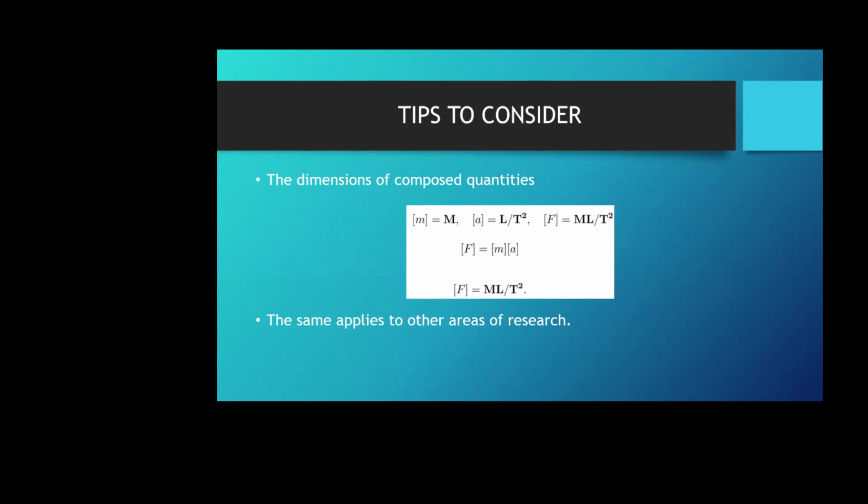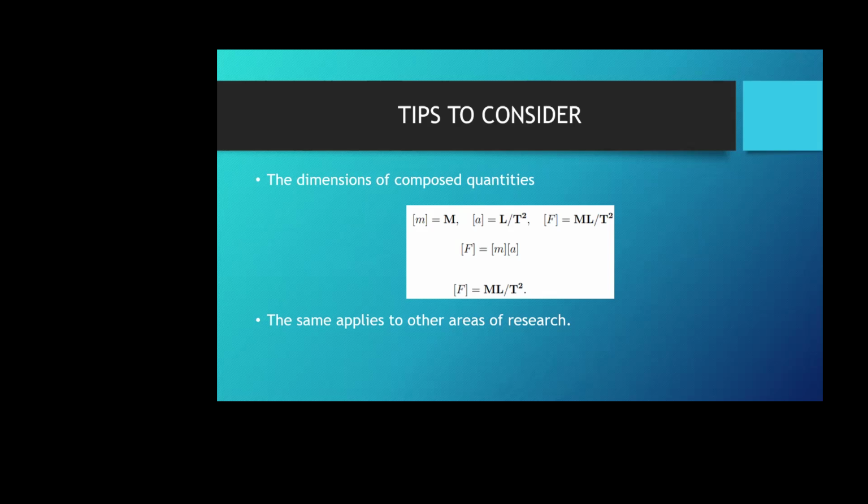So here they are telling you, for example, if you have a composite quantity like acceleration, the units are composite. This is force, and the units are composite: mass times length divided by time squared, because force is mass times acceleration. The mass is given in mass units, the acceleration is L over T squared, so you combine them in a single expression.